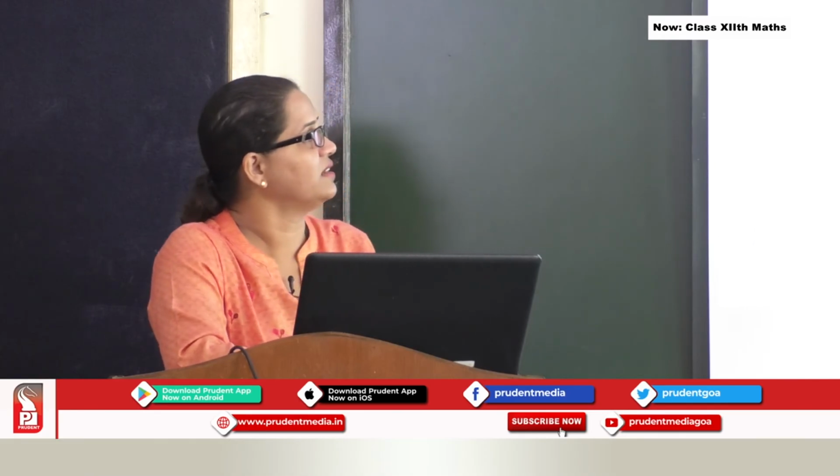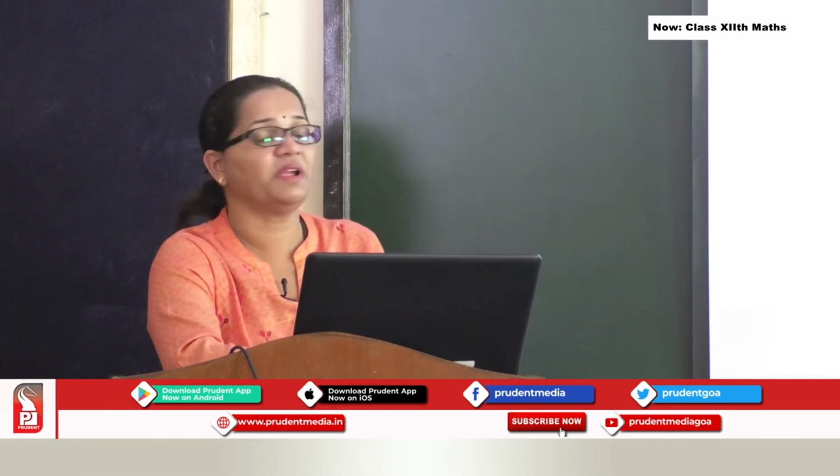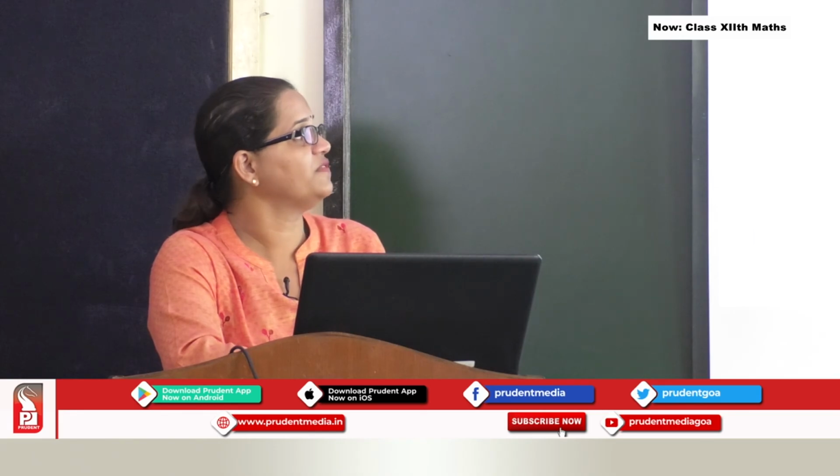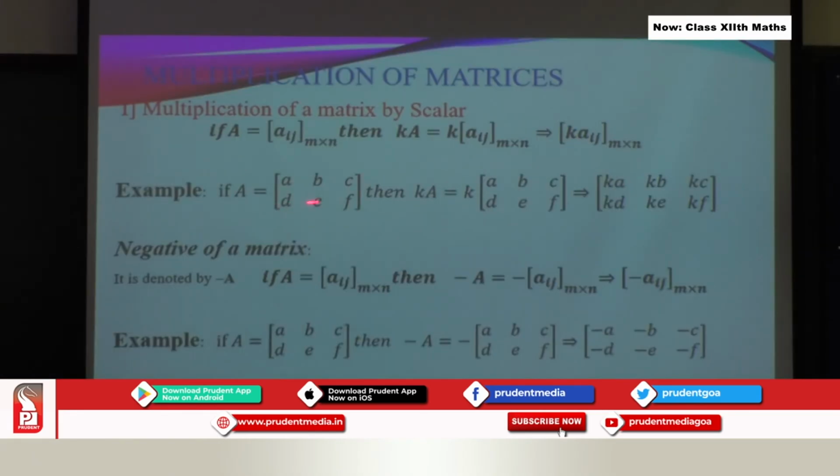Now look at this here. Example. I have this matrix A. What is the order of this matrix? Here see, it has 2 rows and 3 columns. So the order is 2 cross 3. So over here see, when you talk about multiplication of a matrix by a scalar, you can have a matrix of any order.